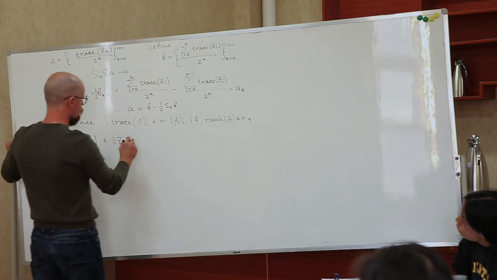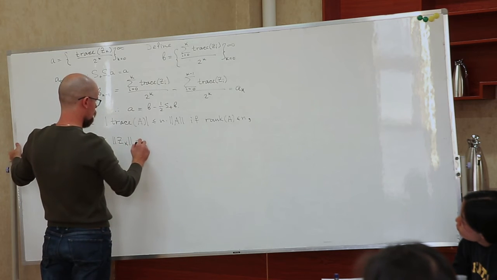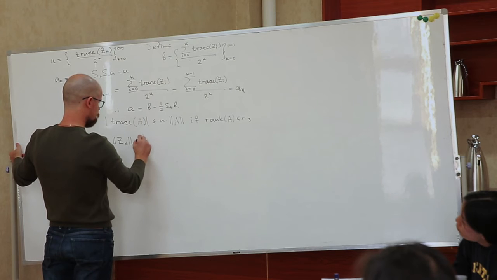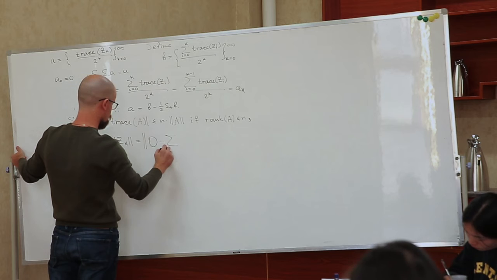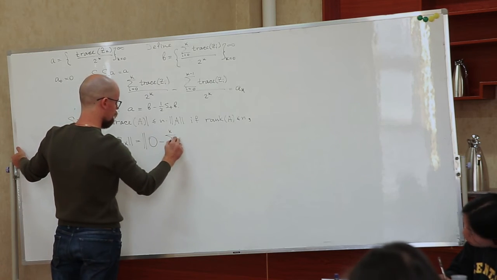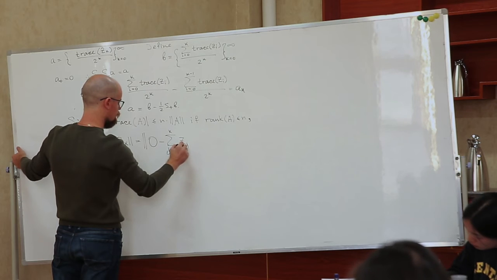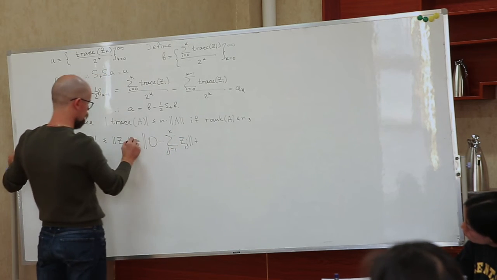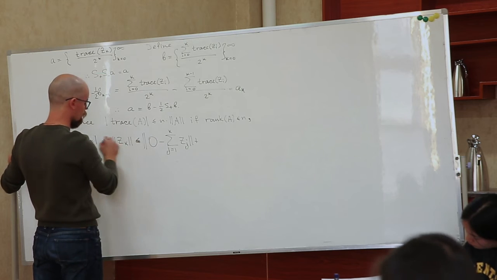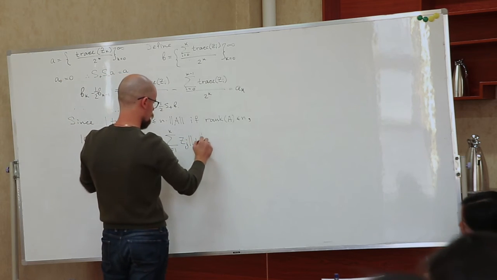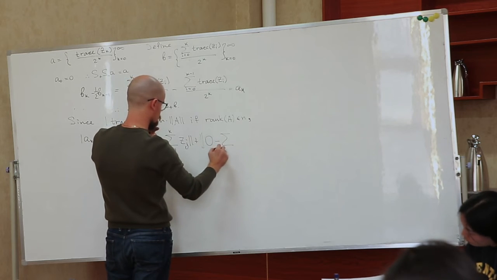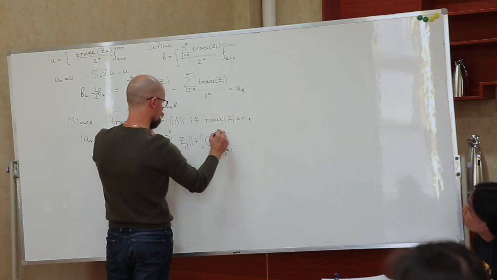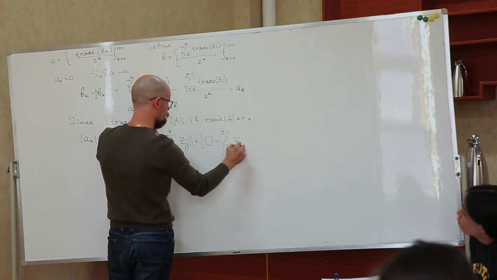And now I can write this as the zero operator minus the sum of Z_J, J from 1 to K, which is less than or equal to the zero operator minus the sum of Z_J, J from 1 to K minus 1.